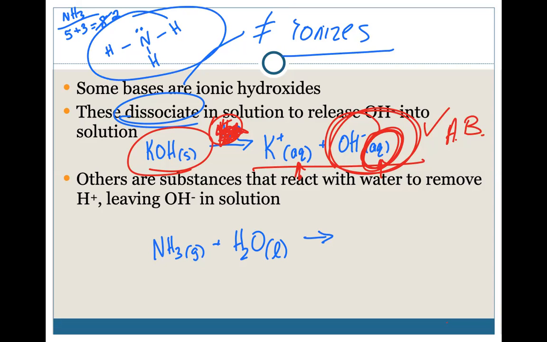Now, going all the way back to chapter 6 on our topic of bonding. In covalent bonds, especially polar covalent bonds, like in ammonia, you have what are called dipoles. Now, a dipole is where you have electrons that are going to lean more towards the more electronegative element in the covalent bond.